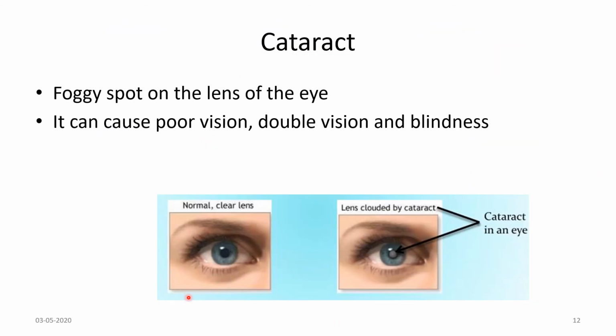Then what is cataract? It is a foggy spot on the lens of the eye. See, the lens is clouded by cataract. And it can cause poor vision, double vision and blindness.